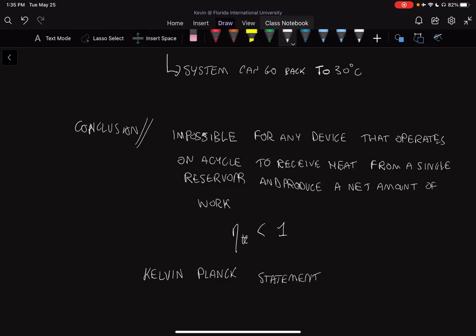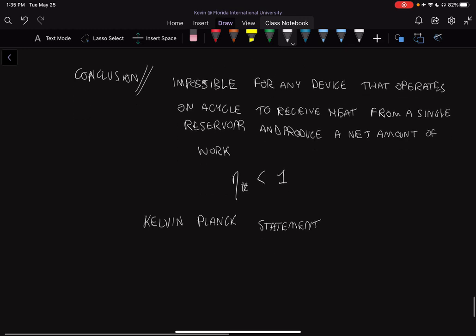And so this Planck statement says that no engine can have 100% efficiency. And it also says that for a power plant, the working fluid must exchange heat with the environment as well as the furnace. So we need to exchange heat with a high temperature source, but also a sink.